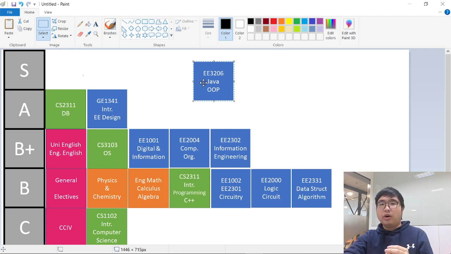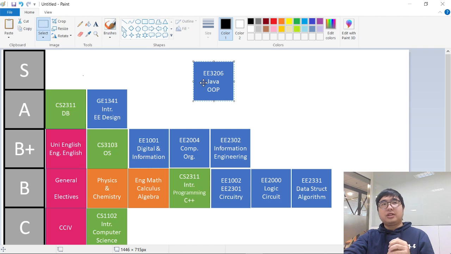You do learn more about object-oriented programming, as it is called, and you learn a bit about how to make a UI, a user interface, with Java. In data structure and algorithm, you use C++, and in this course, you use Java. So it's actually another introductory course to the language of Java.